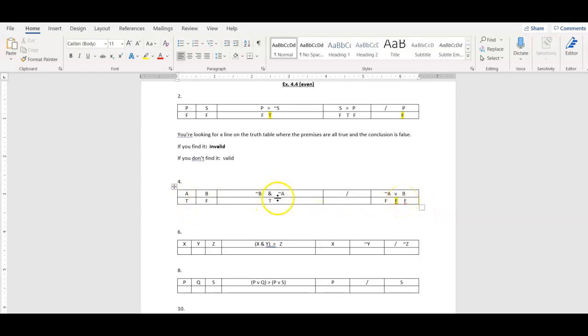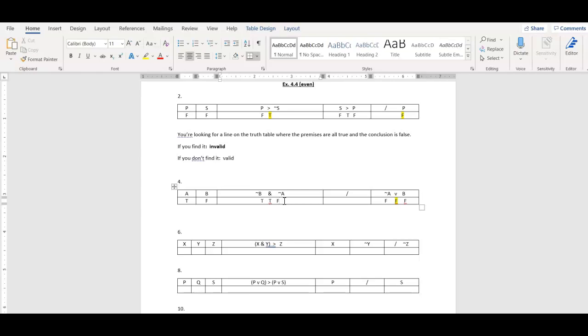We also need a true premise. There's only one premise in this argument, right? So if B is false, not B comes out as true. Right? And if A is true, not A comes out as false.